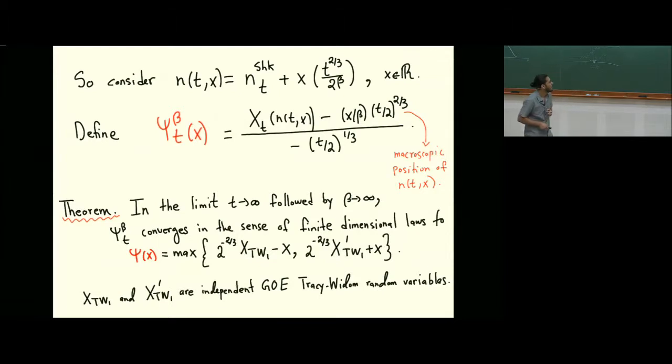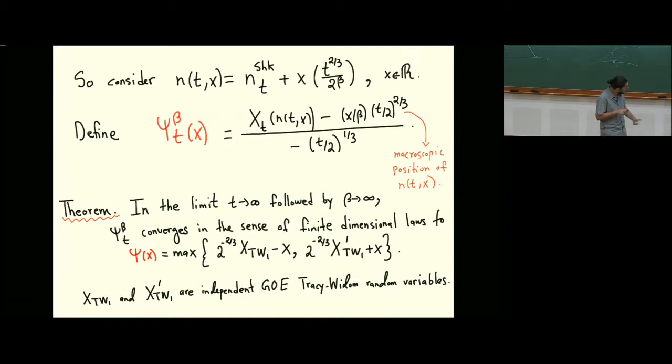So here's a theorem, which says a couple of things. The first thing it says is that if you take the process psi and take the large time limit, there is a limit in distribution, which is now a process indexed by beta and x. And then if you take that process and take a large beta limit, there is a further limit, which is now just a process of x.